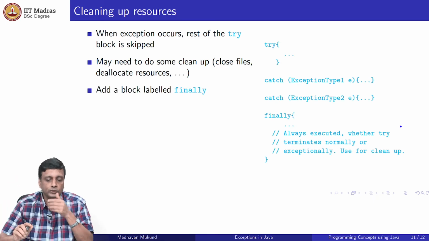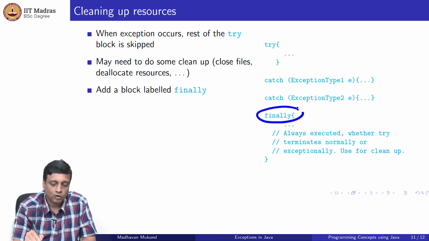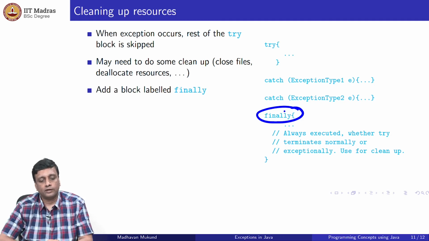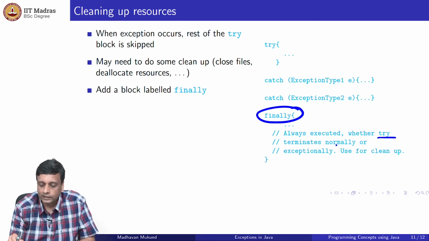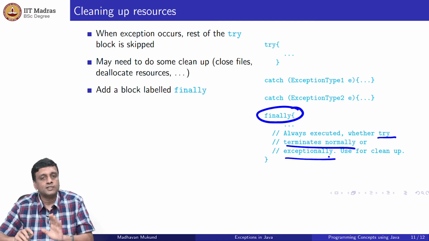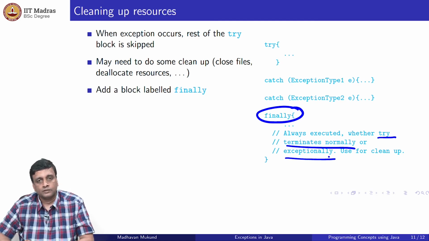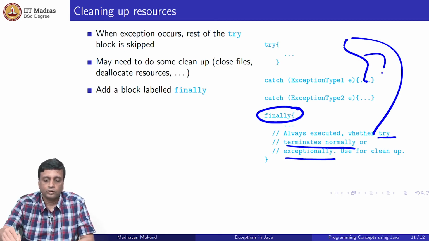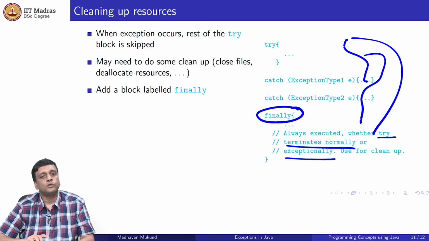So what you can do is add an extra special block at the end called finally. Finally has the property that it will always be executed, whether the try terminates normally or exceptionally. There is no way to bypass the finally. Whichever way you come through, all paths will eventually hit finally.